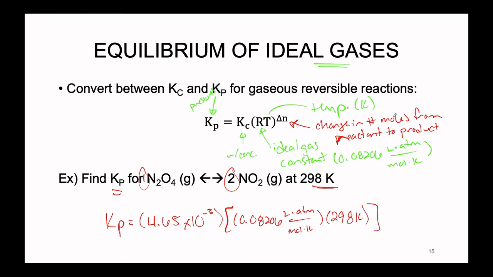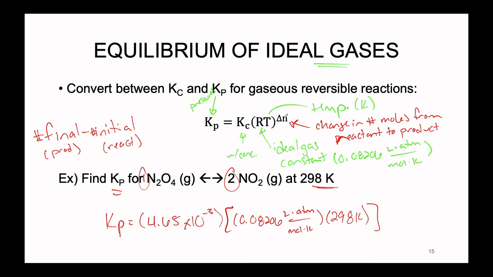And so we're looking at the change in moles from reactant to product. How we're actually going to be using these numbers is just like before. We're always going to be looking at a final minus initial type of number. So number of final moles or product moles, and we're going to subtract out the number of initial moles or the number of reactant moles.